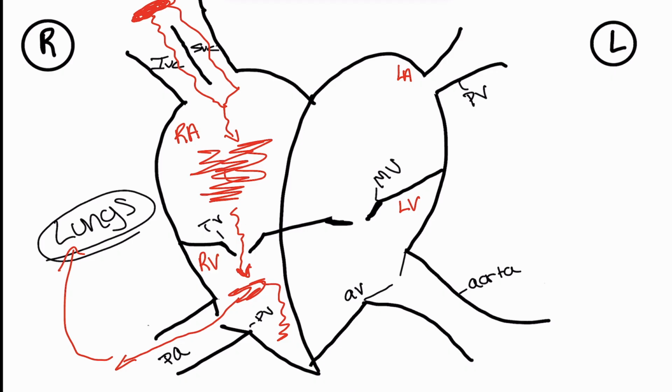So now our oxygenated blood is going to be blue. So respiration's occurred, we got oxygenation, and now it's coming back into the heart. And this is all occurring when we have heart pumping.